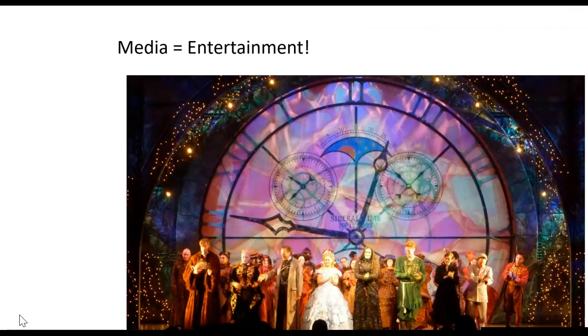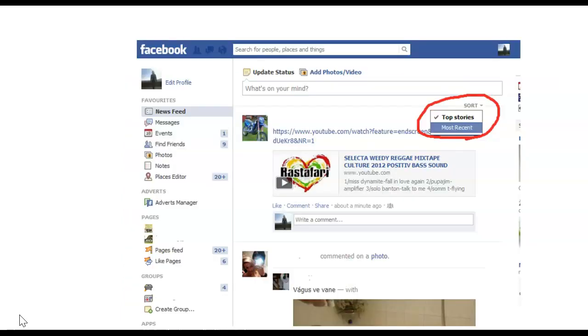these messages tend to be in two camps. One is entertainment sort of content, entertainment messaging. You guys know what this is? It's a Broadway cast of Wicked. That's entertainment. Another type of message is just information, news.